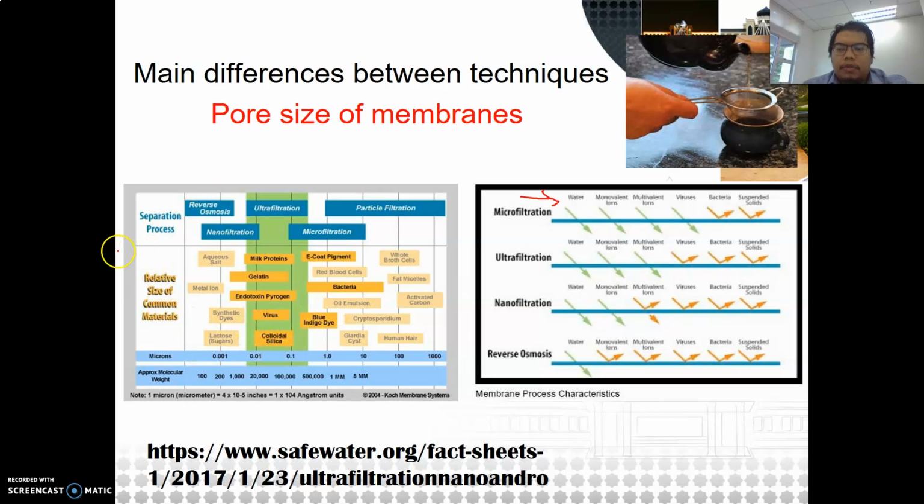The left side diagram talks about the size of each element or each particle. For example, for microfiltration, it allows certain elements to pass or permeate, while retaining certain elements according to their size.